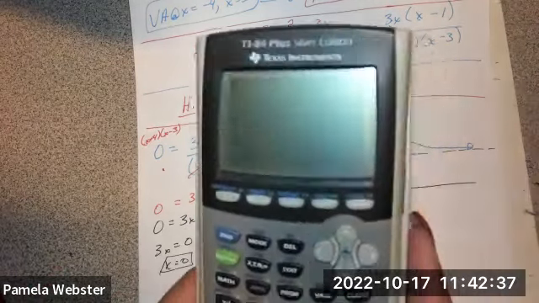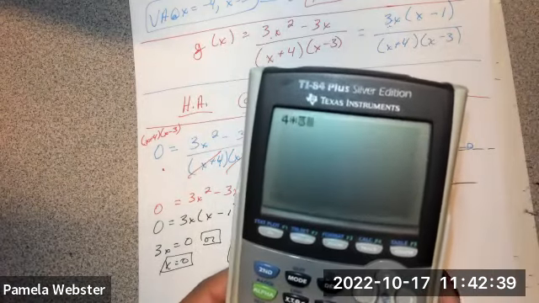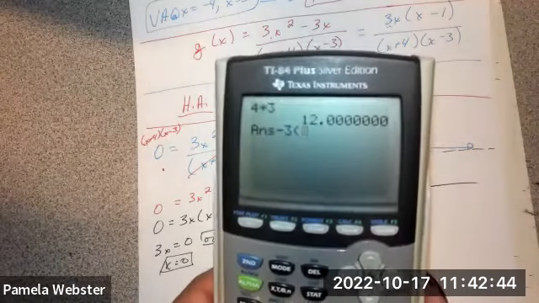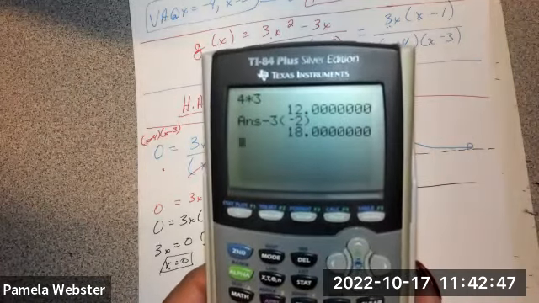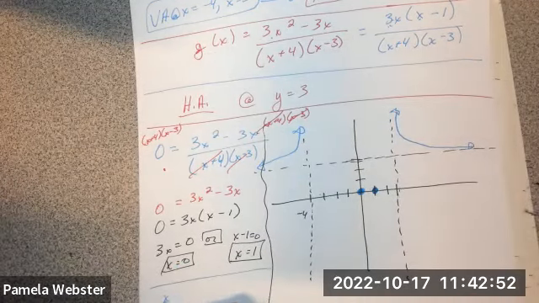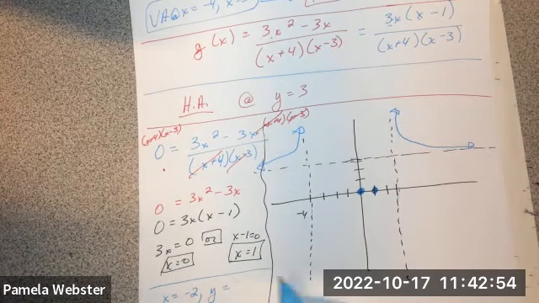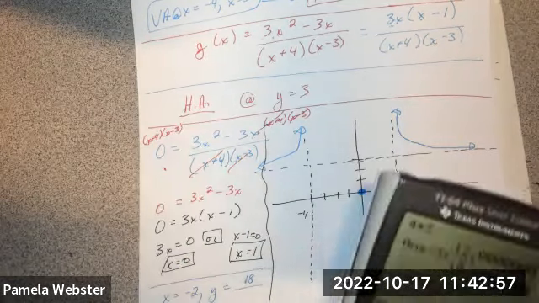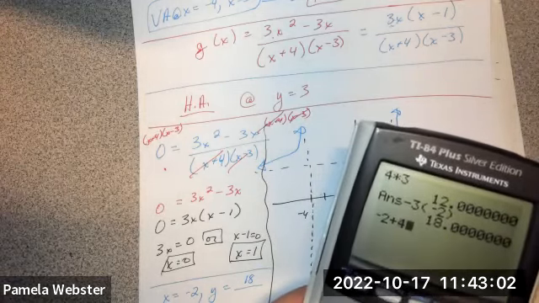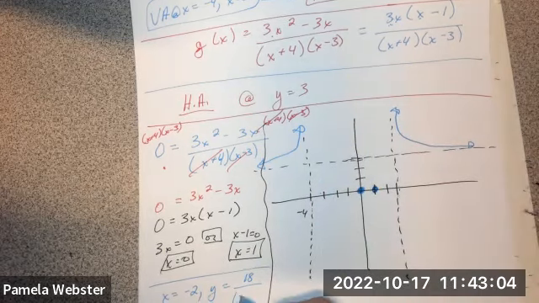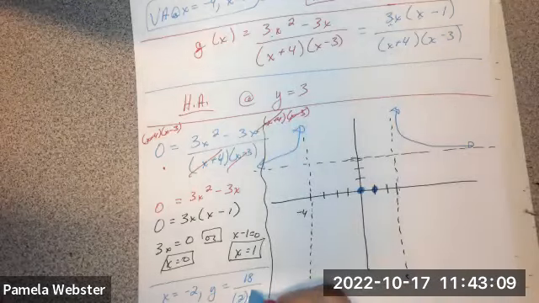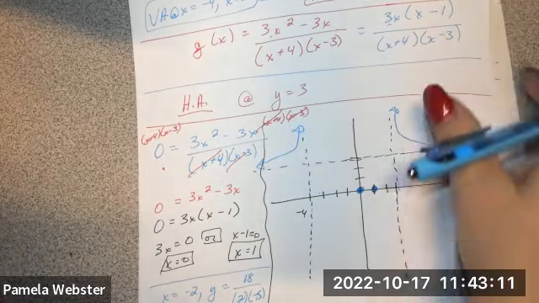And I'm going to say -2 squared is 4. 4 times 3 is 12 minus 3 times -2. That guy's going to be 18 on the top. So x equals -2, y equals 18 on the top, and then -2 plus 4 on the bottom is a 2, and -2 minus 3 on the bottom is a -5.